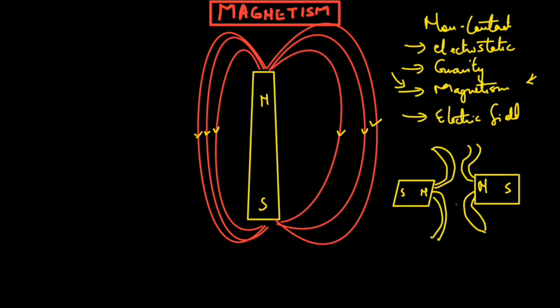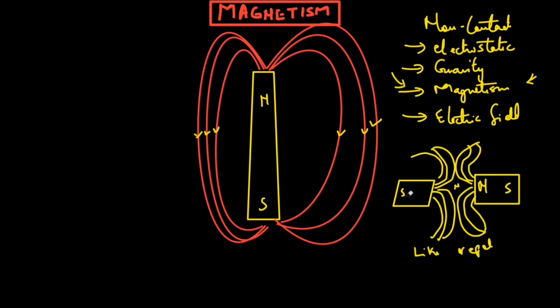At this point, you have the neutral area where the magnetic field lines are not touching. So if you've got like poles facing each other, like poles repel. And the same thing happens even if it's south-south.